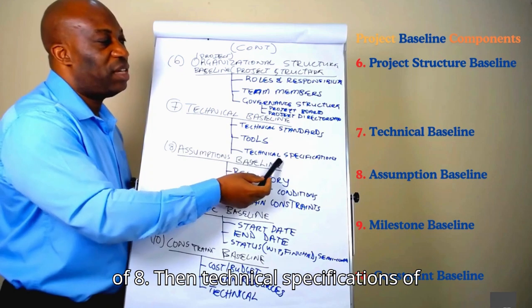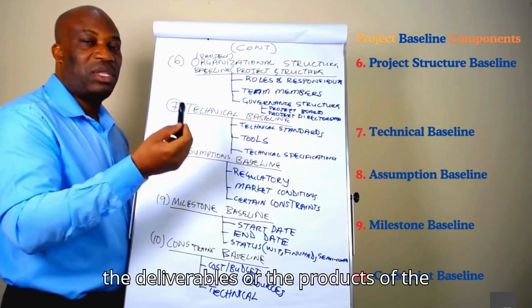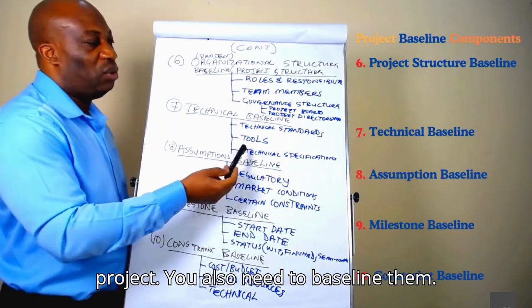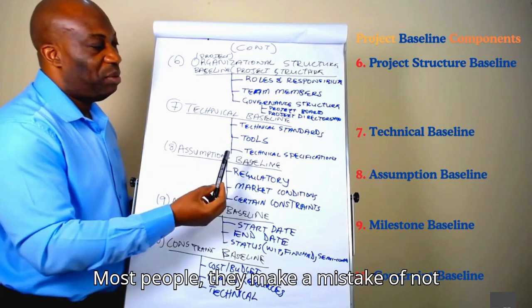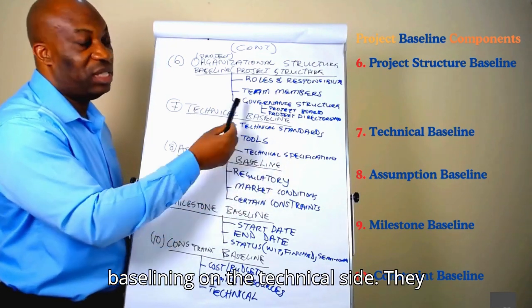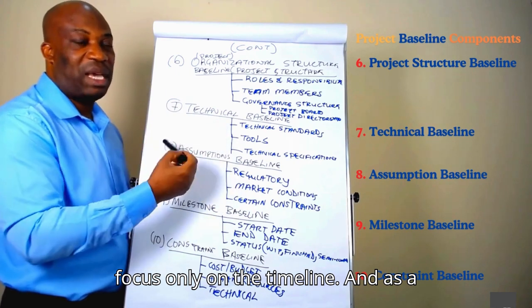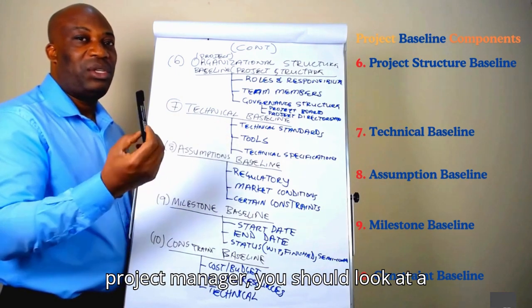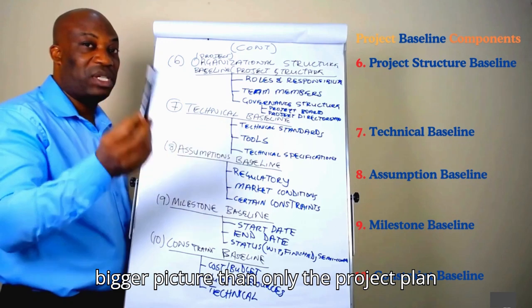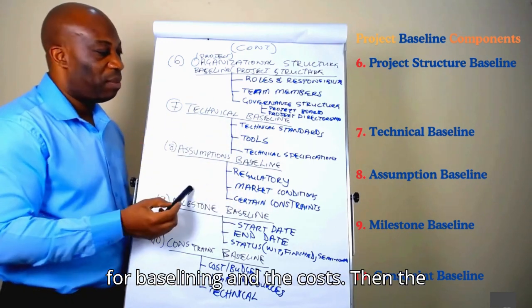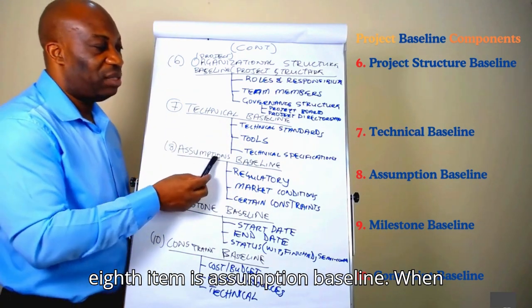Then technical specifications of the deliverables or the products of the project, you also need to baseline them. Most people make a mistake of not baselining on the technical side. They focus only on the timeline. As a project manager, you should look at a bigger picture than only the project plan and the costs.